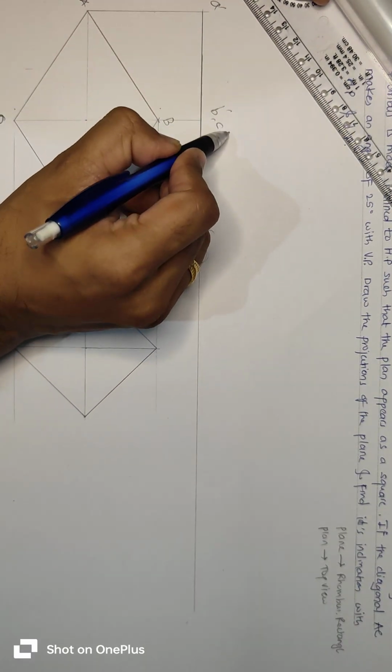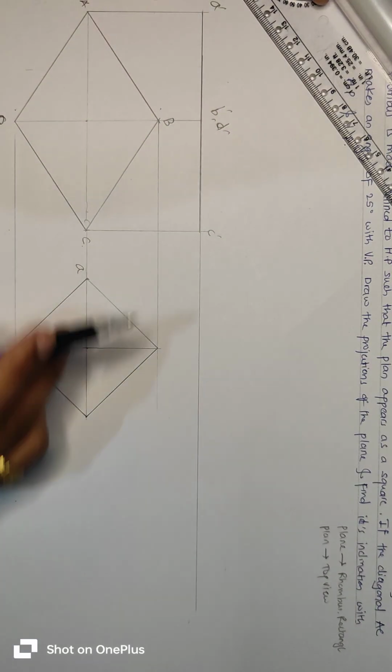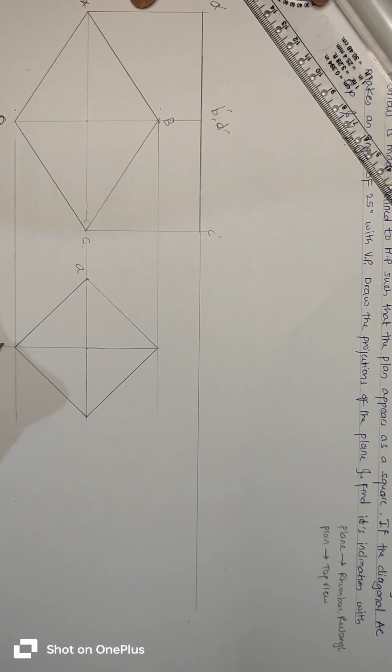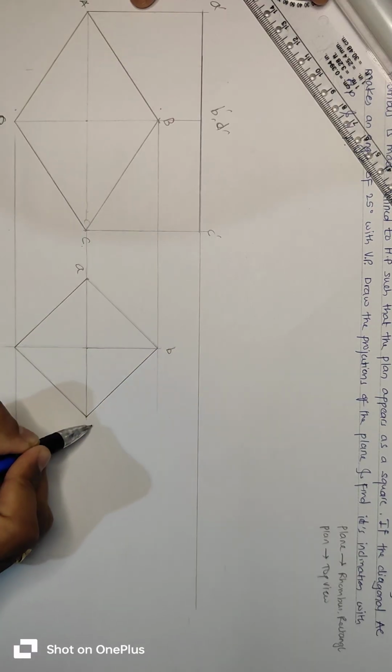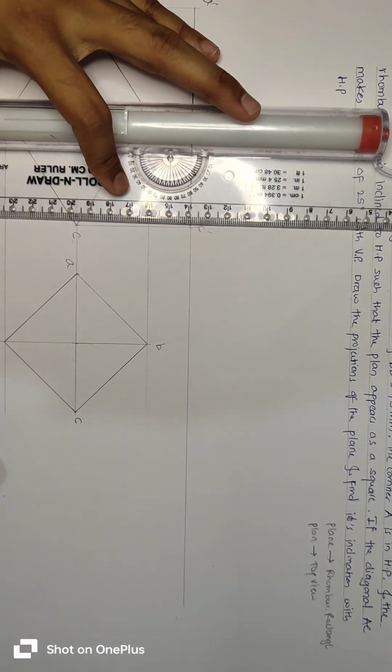For front view, mark points as small letters with dash. For top view, mark points as small letters. Take projection in top view.